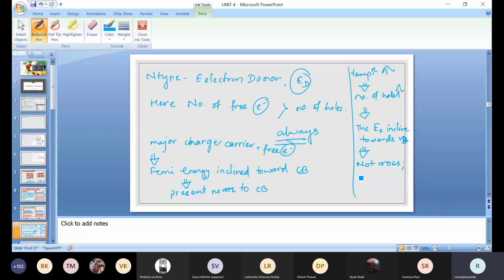Now we can see in the graph what we will observe here.